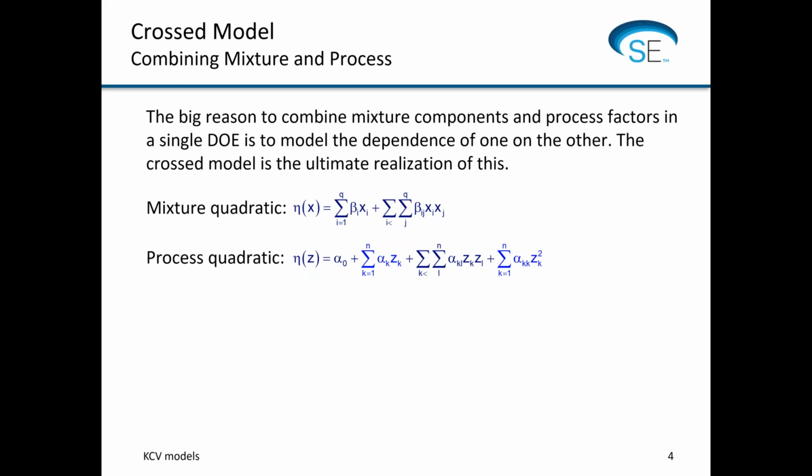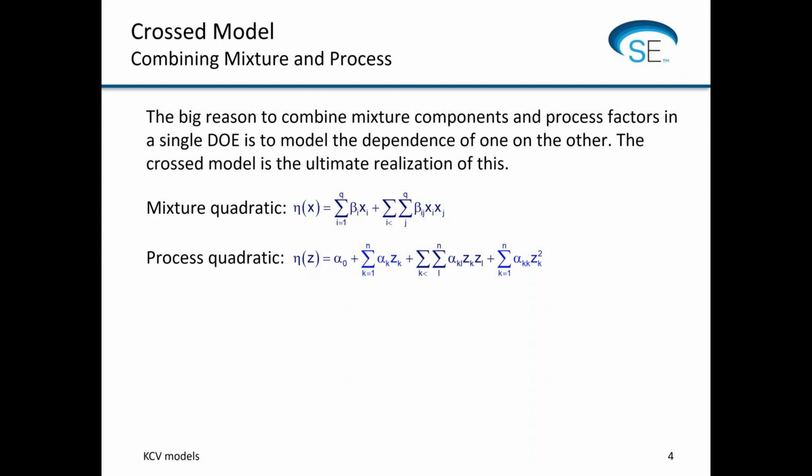The xi, xj terms are called mixture quadratic terms, and those represent curvature, unlike the zk, zl interaction terms, which represent a twist in a plane, but can't model curvature. So remember, in a mixture, what looks like an interaction is really a quadratic term. So those are called mixture quadratic terms.